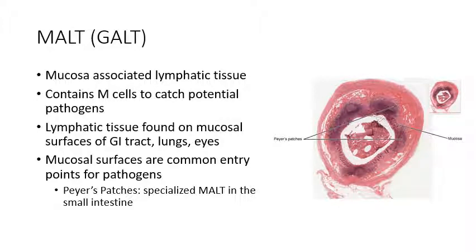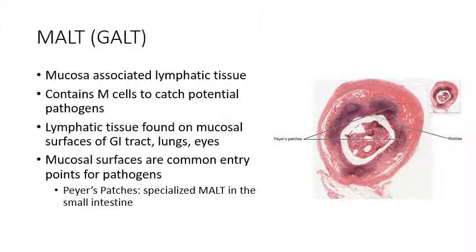You have lymphatic tissues scattered all over the body. One of the places that we find a lot of lymphatic tissue is in your digestive tract. So remember, the digestive tract is bringing in food, and the food you eat is never sterile. Any pathogens that do make their way into the gut will encounter this mucosa-associated lymphatic tissue, or MALT.